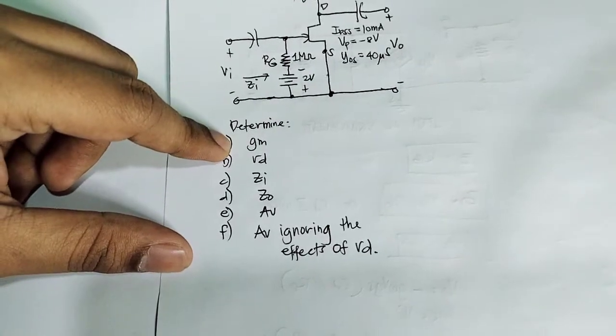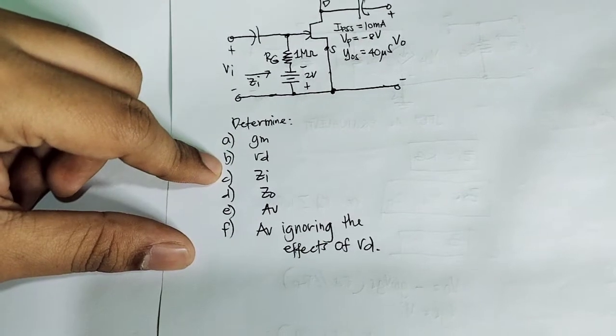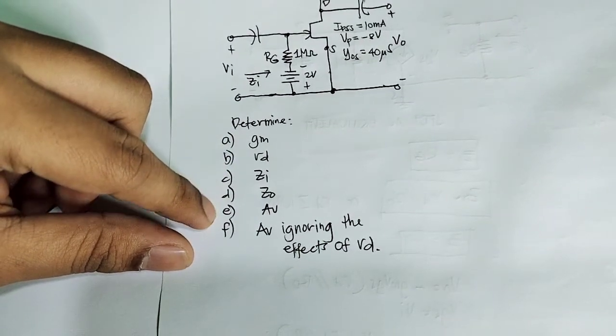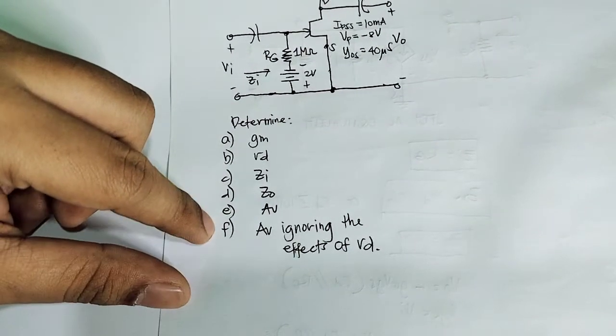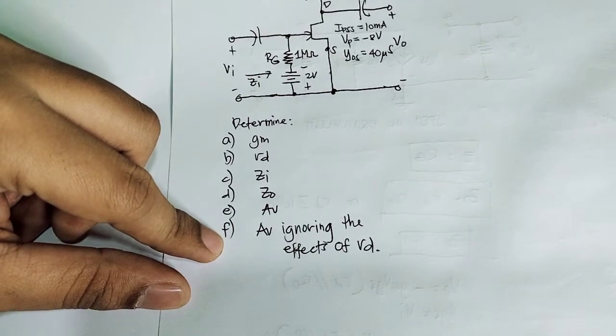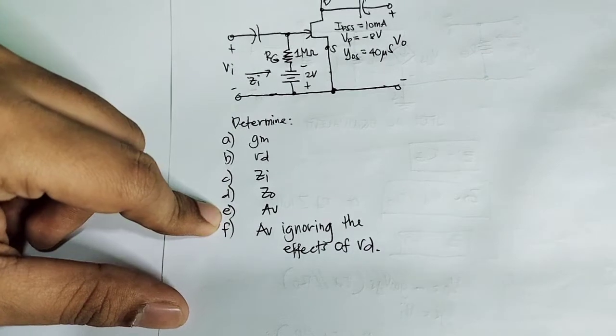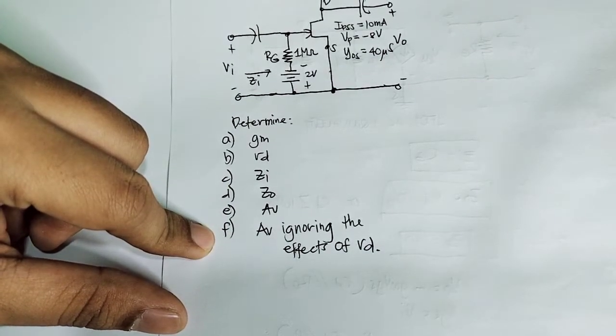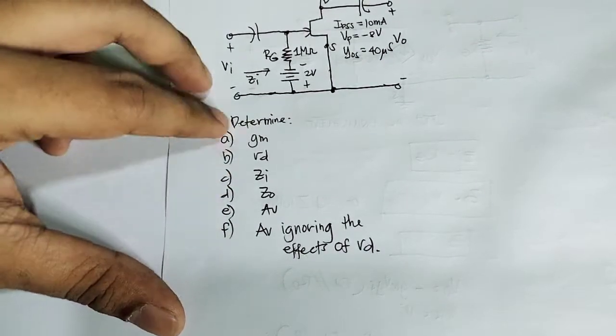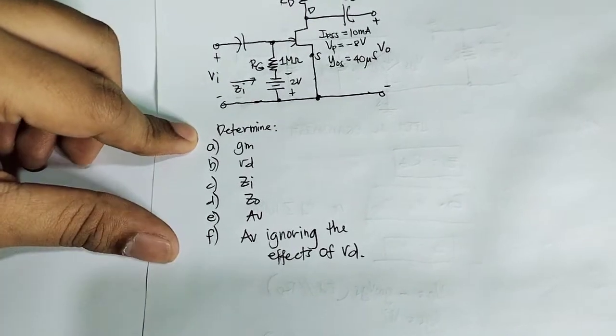Determine gm, the transconductance, r_d, the input impedance, Z out, the voltage gain, and also the voltage gain ignoring the effects of r_d. We're going to compare letters E and F to see if there is a significant difference if we neglect r_d.